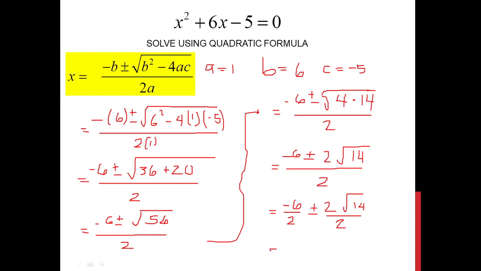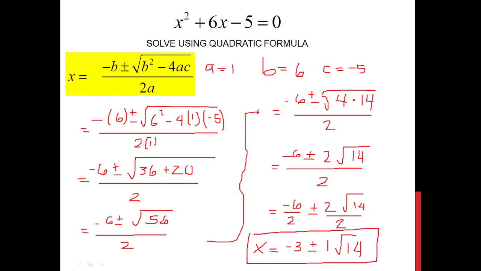So you have here negative 6 divided by 2 is negative 3, plus and minus 2 divided by 2 is 1 square root of 14, and that 1 becomes an imaginary number. So you have your two roots here, same as the completing the square.